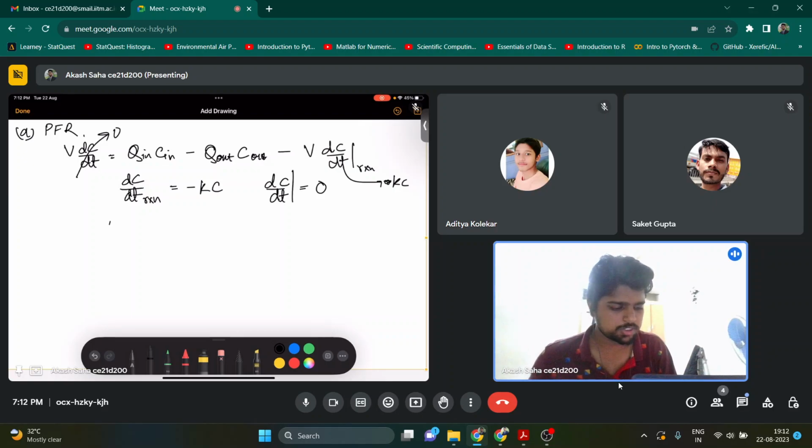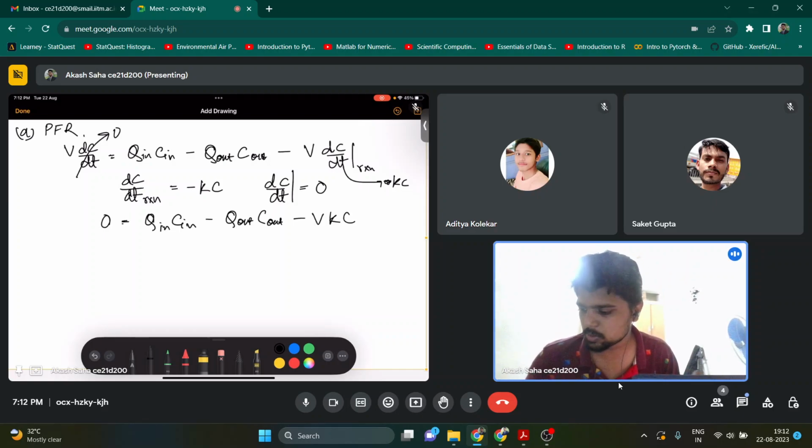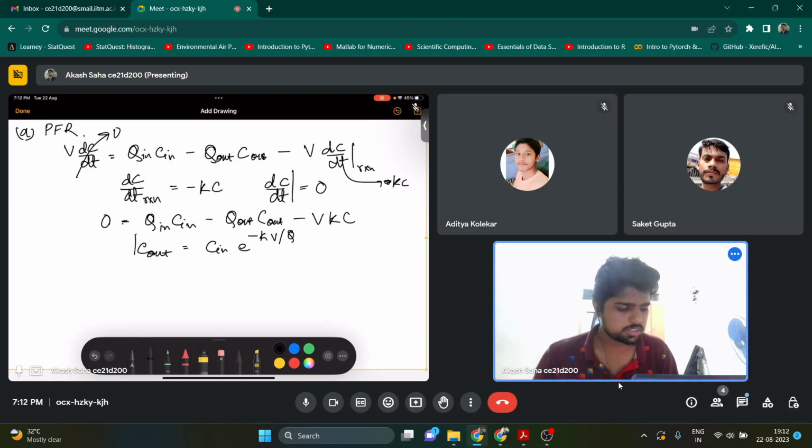So how will my equation change? It will become Q in into C in minus Q out into C out minus VKC. So if we solve this equation, we'll be getting C out equal to C in into e to the power minus KV by Q. So this is the equation that we got.